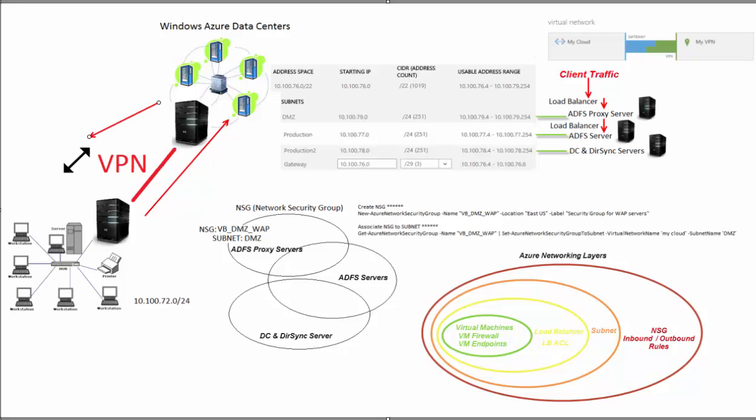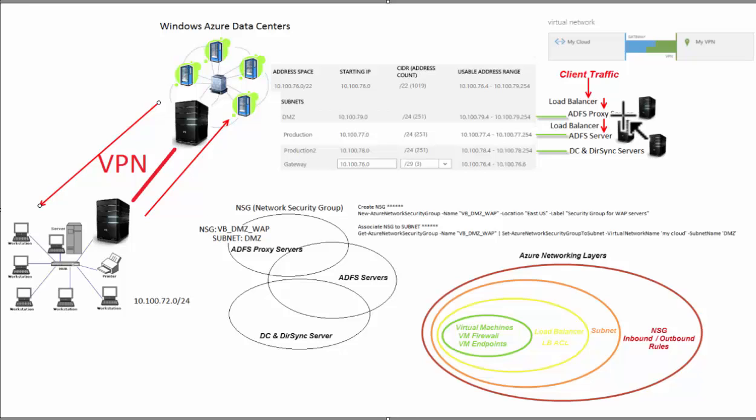So we have connectivity between both of these networks, both ways. And here again, we're demonstrating the address space with the associated subnets, and for demonstration purposes, client traffic comes into the load balancer. The load balancer is programmed to decide which application server it's going to deliver its traffic to.